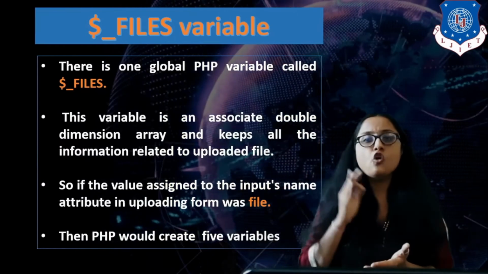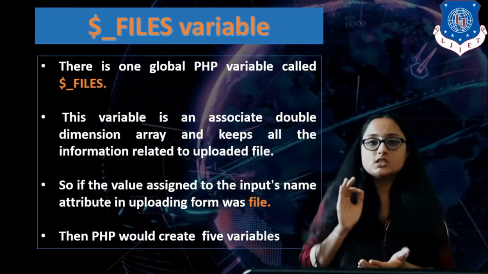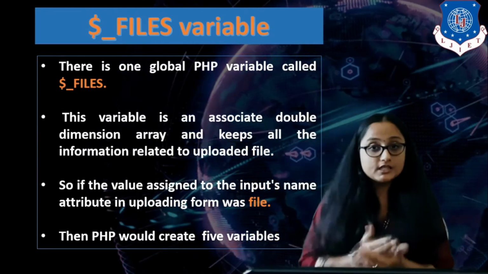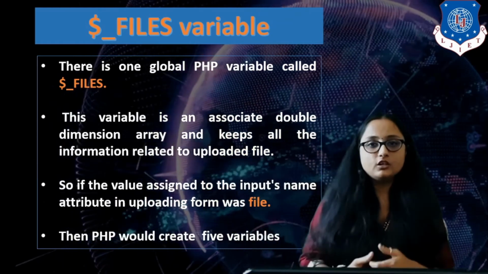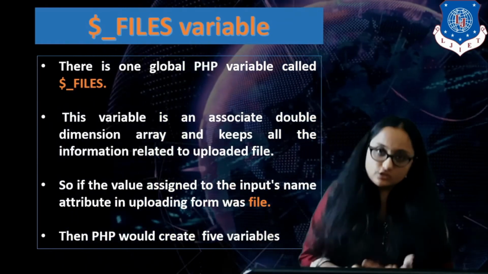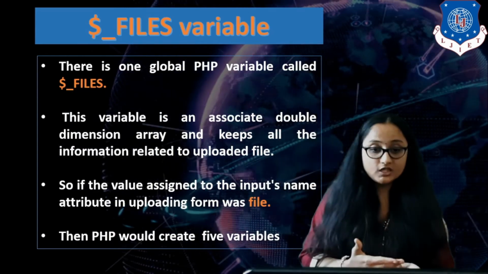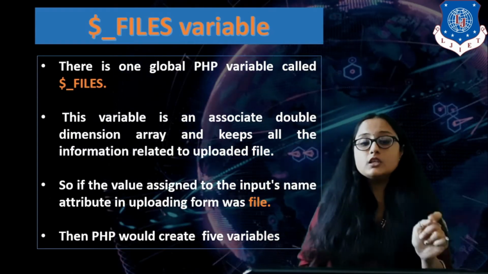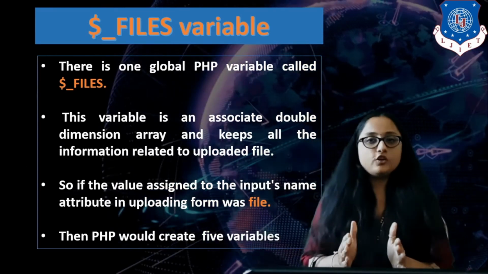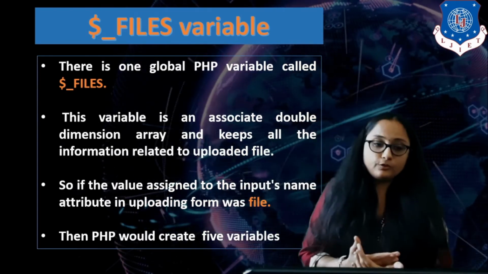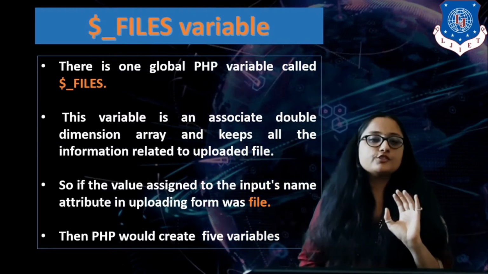Till now all the super global variables that you have seen were single dimensional, but this super global variable has 2 dimensions. It is also an associative array, but a double dimension one, and it keeps all the information regarding your uploaded file. Whatever information you want regarding your uploaded file, you can access via $_FILES.